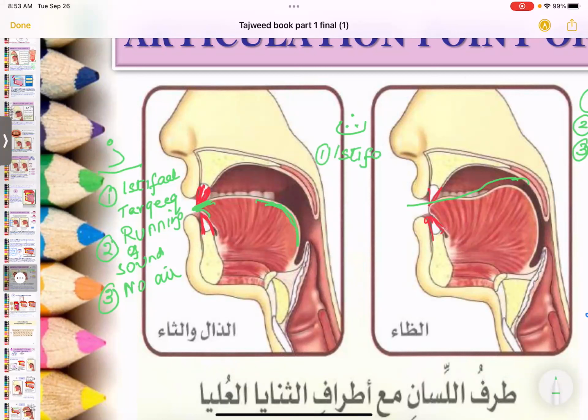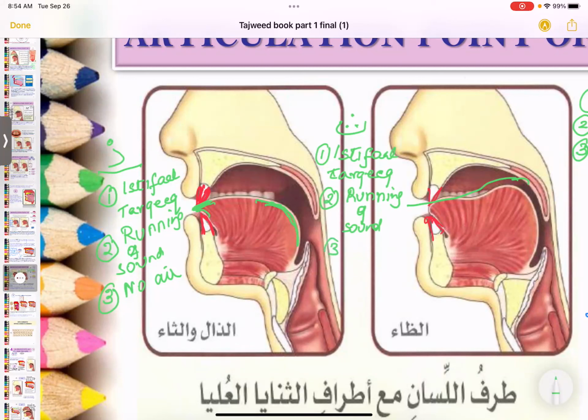Istifal is also called tarqiq letter. And the second thing in tha is there is running of sound, because the tip of the tongue is touching the top edge of the top teeth, so there is room for the sound to run.